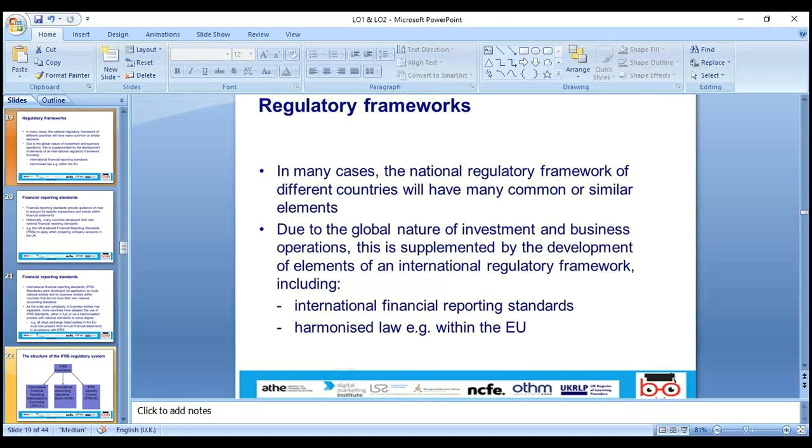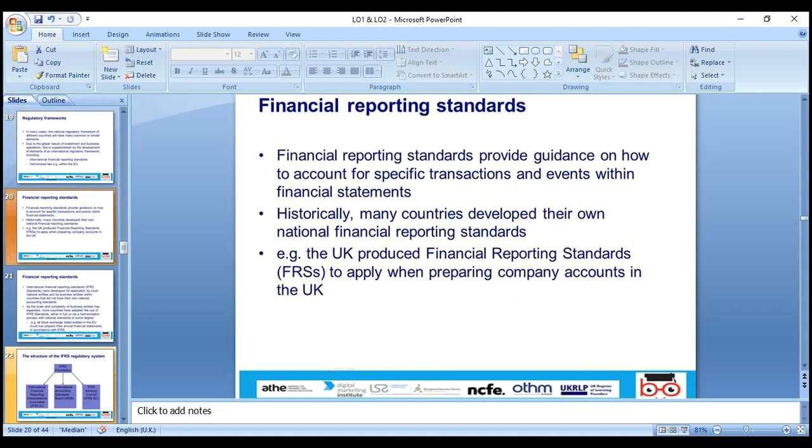If we're doing business internationally, it is good to follow international reporting standards. Different countries' national regulatory frameworks may have many common or similar elements, but the global nature of investment and business operation is supplemented by the development of an international regulatory framework, including reporting. So we need to look at all this.